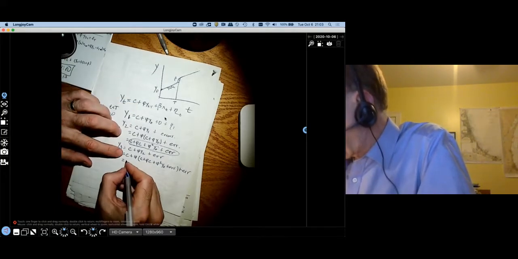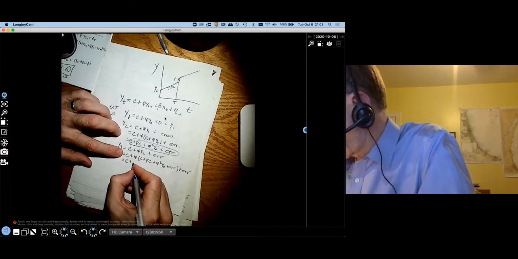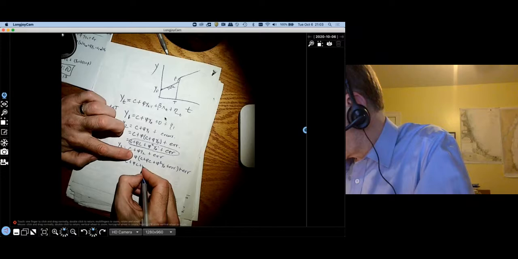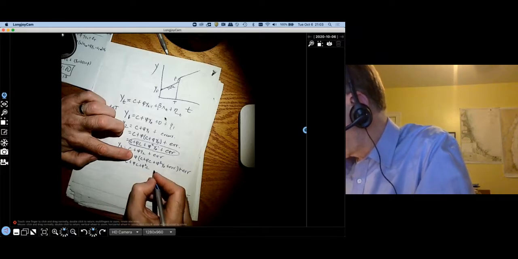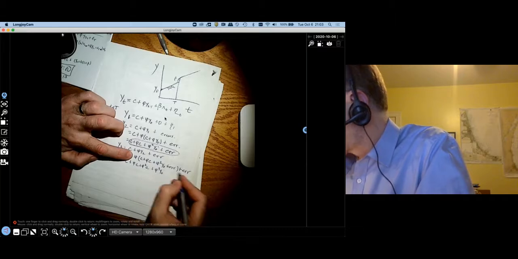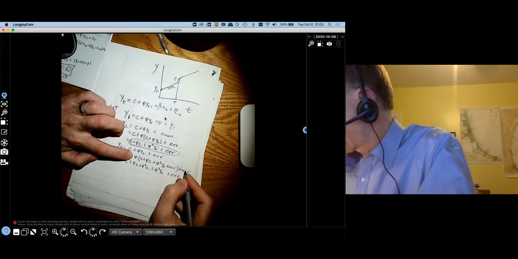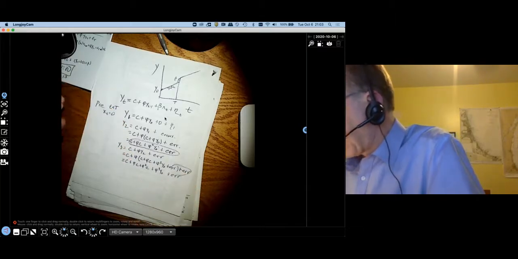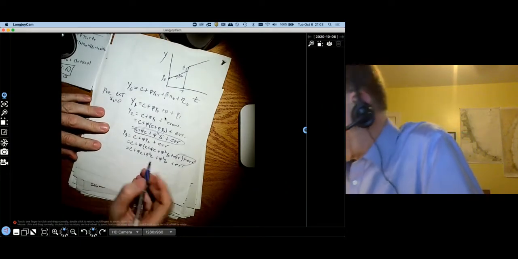So let's work out what we have here. We have c plus phi times c, then a phi squared times c, and then a phi cubed times y naught, and then we got a bunch of errors that get combined together. So I think we can almost see the pattern here.